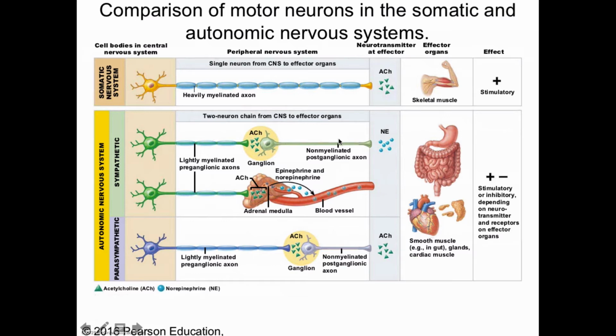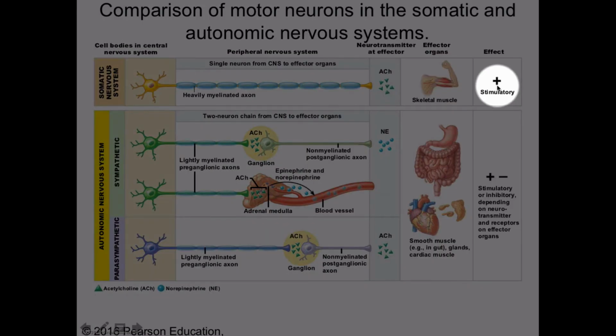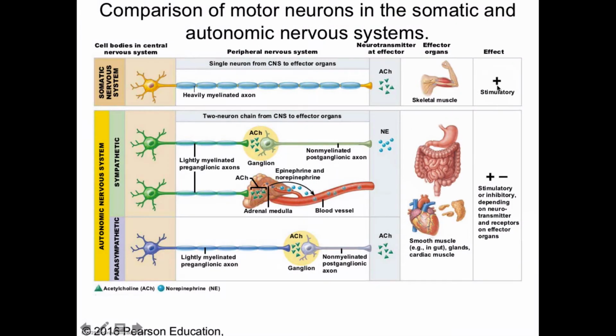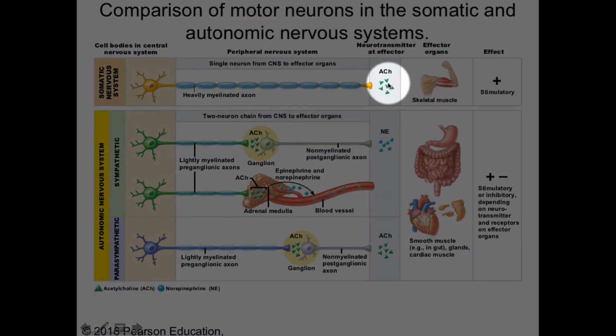The effect here is dependent on the receptor or effector. It could be stimulatory or inhibitory. In the somatic nervous system, the effect of acetylcholine, ACh, is always stimulatory.